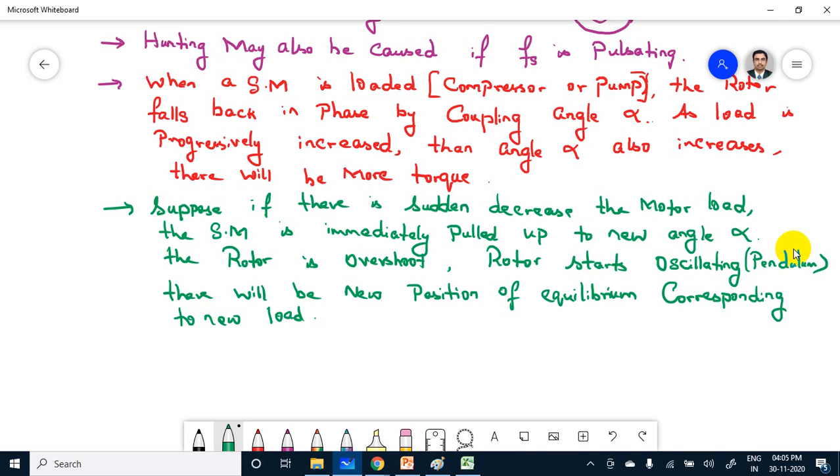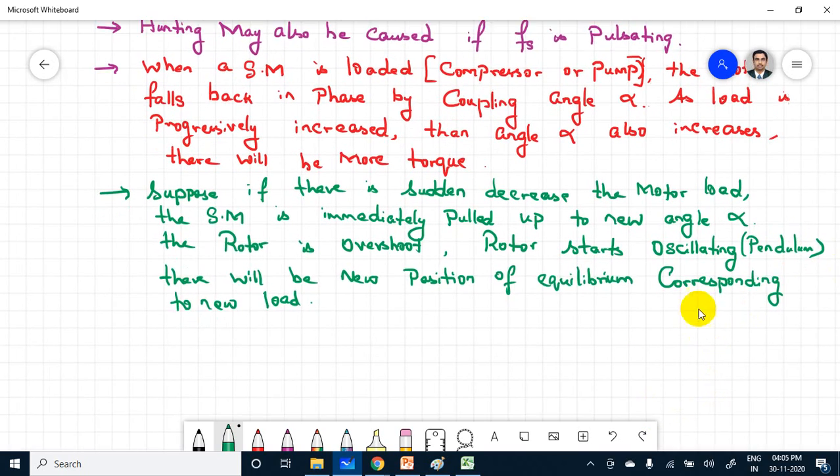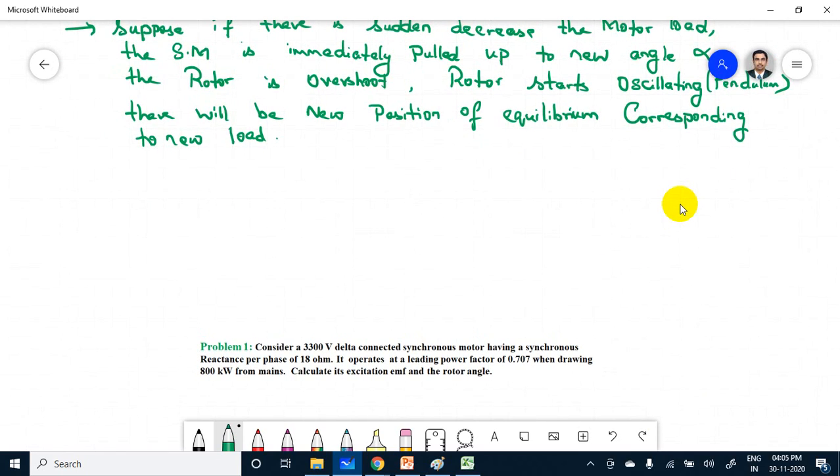I will show this waveform, how this oscillation will be there. Please listen. The X-axis will be time. The Y-axis will be load angle alpha or coupling angle alpha.